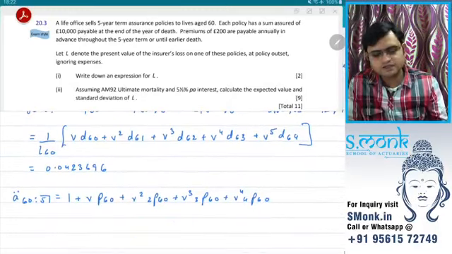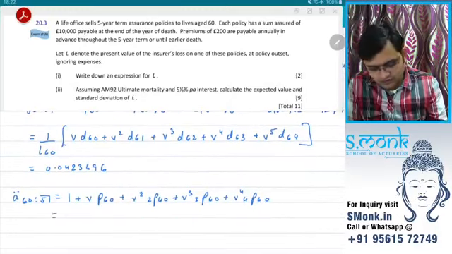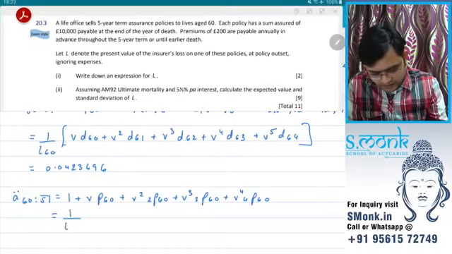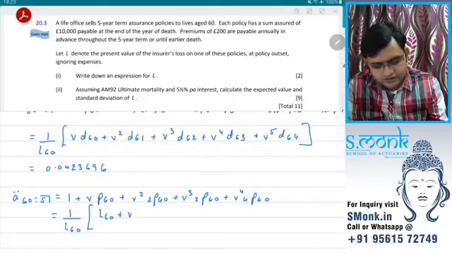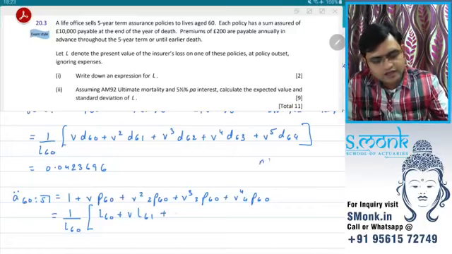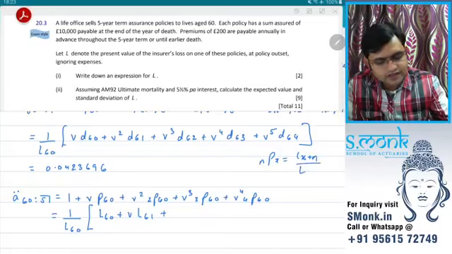Now you can write these in terms of l. You will get l60 in the denominator. I can take it outside and I'll get l60 plus v into l61 plus, because our npx will just be l(x+n) by lx, right?